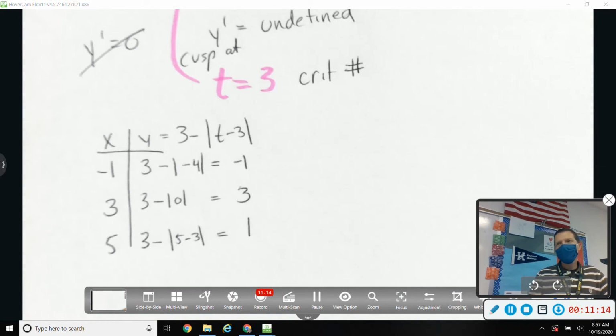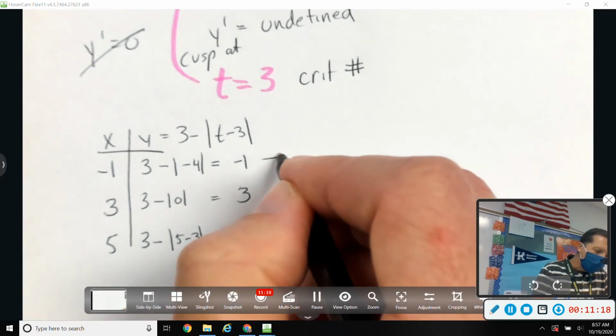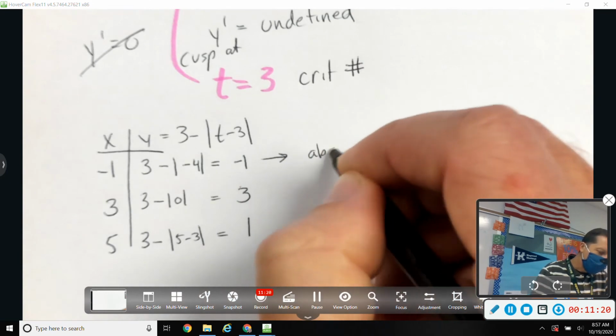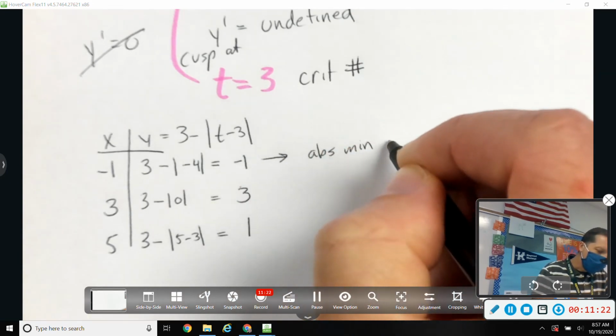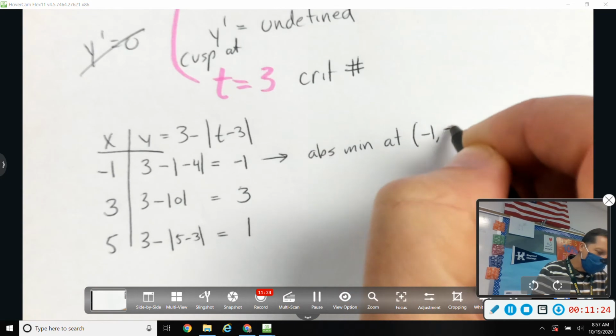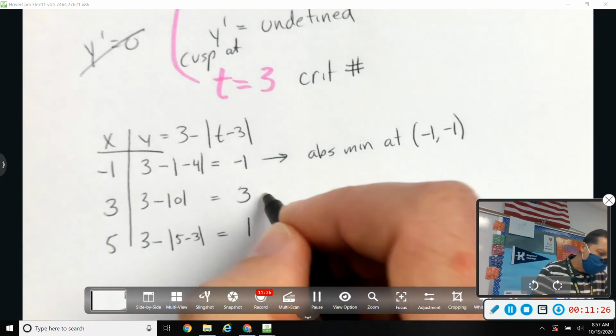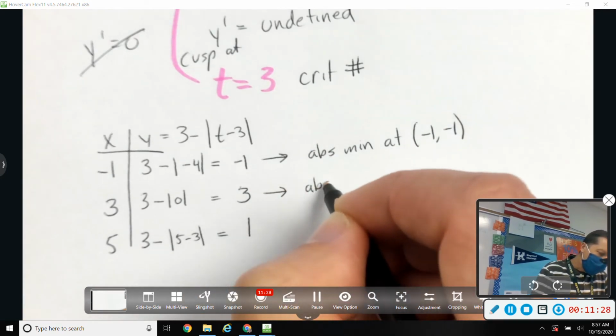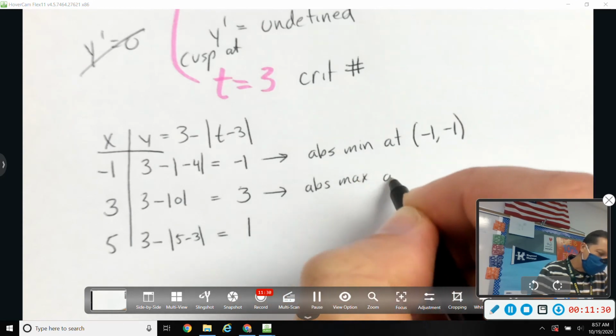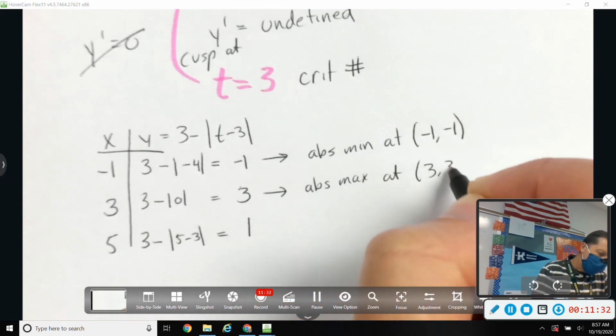And so now we're just looking, without graphing everything, the lowest point is -1. So there's an absolute min at (-1, -1), and an absolute max at (3, 3).